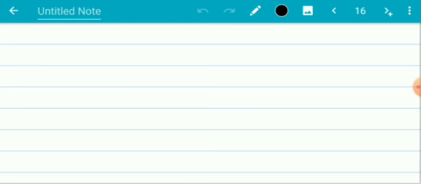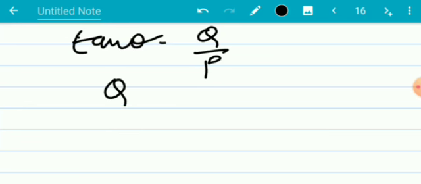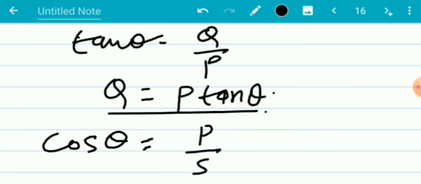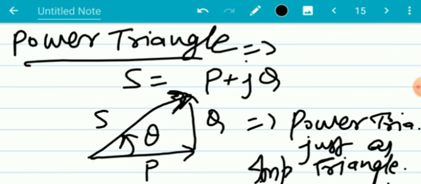So from here we can see that tan theta will be equal to Q by P. Similarly, from this power triangle we can calculate the power factor, that is P by S. So this is the information being given to us by the power triangle.